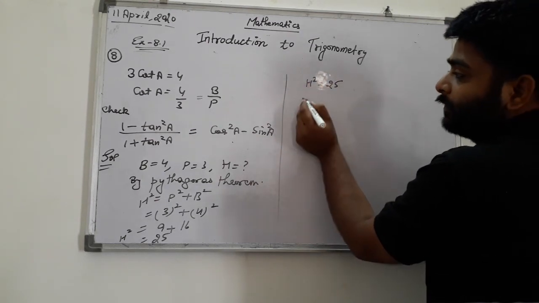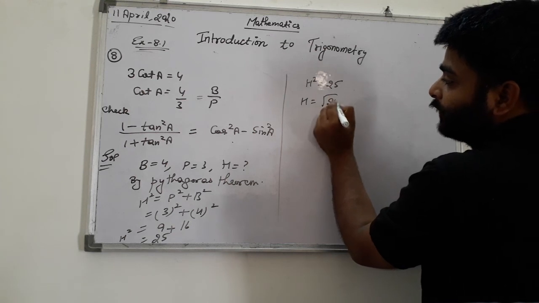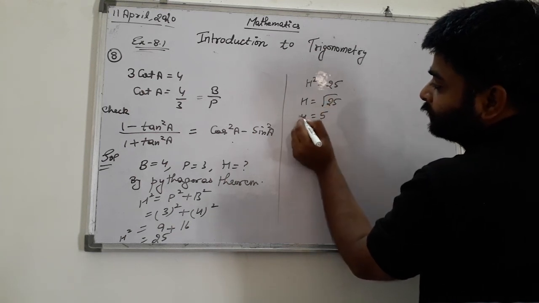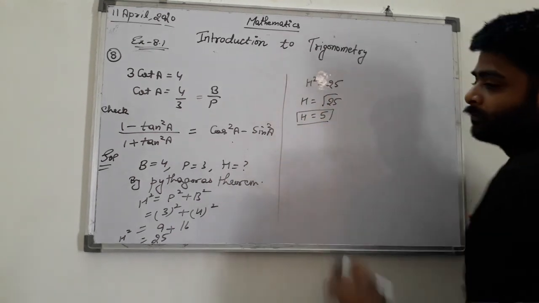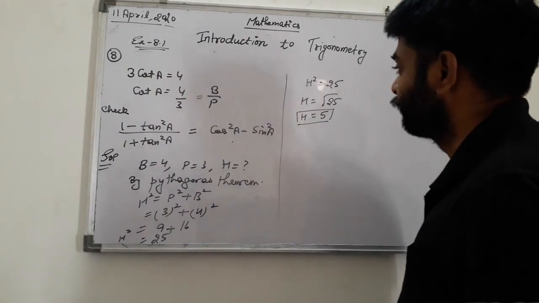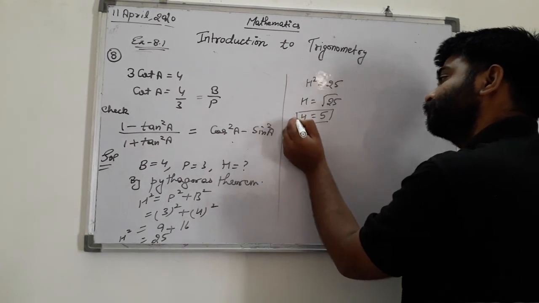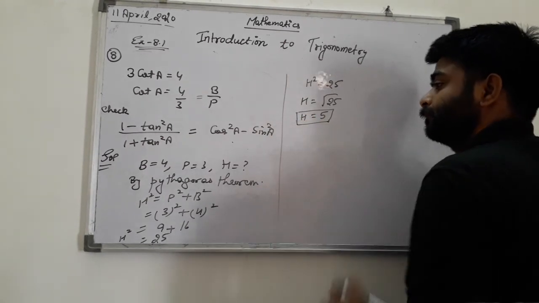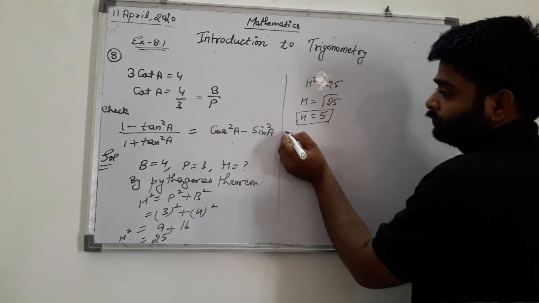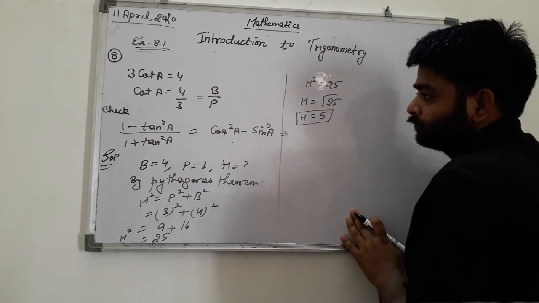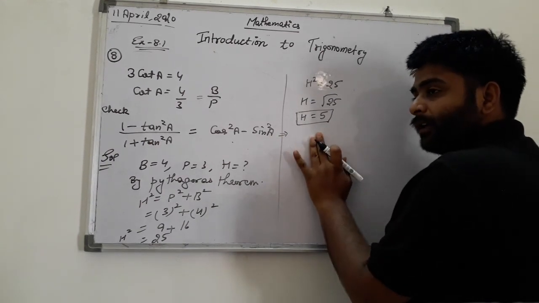And you move this square, what we are getting? Root of 25, that is 5. Is there a problem? Okay. Now you find the value of h.